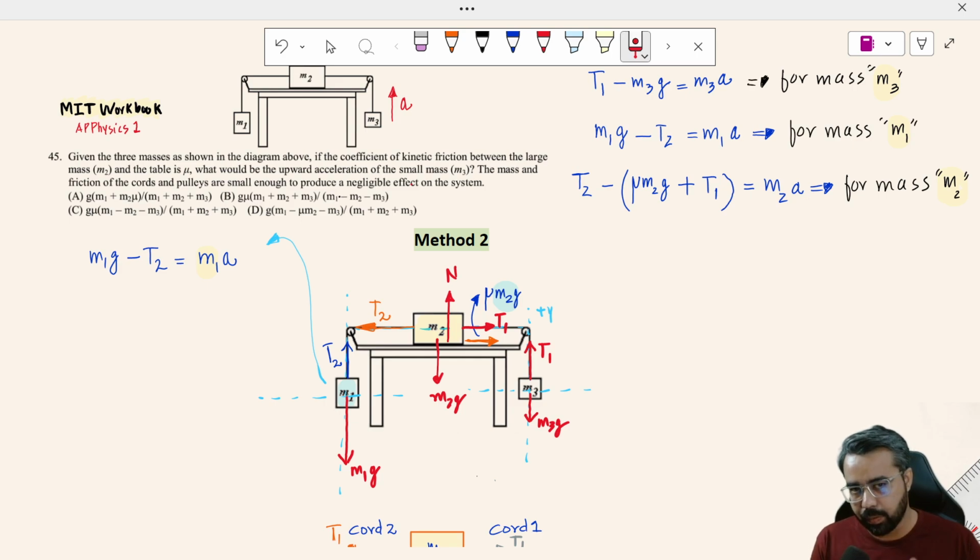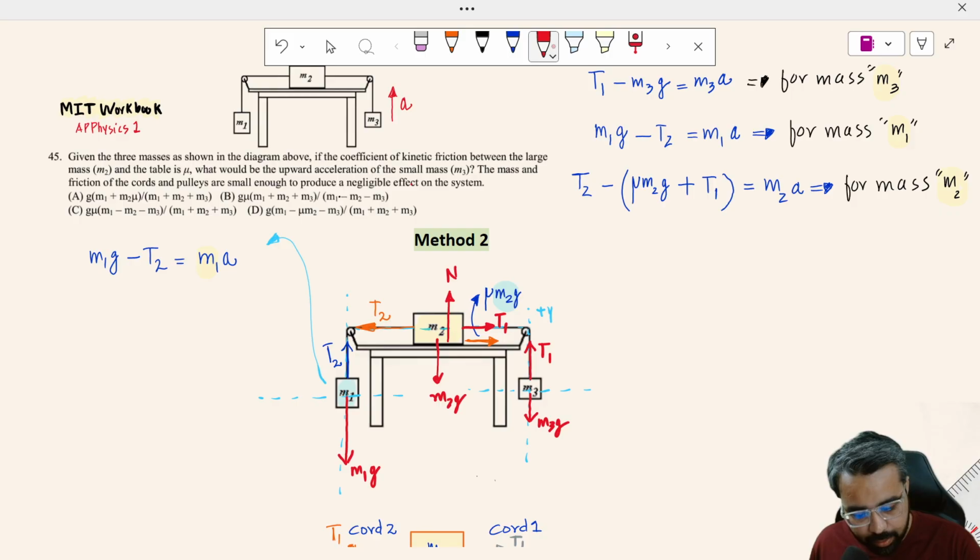And how can you do it? If you just give less than 1 minute, you can easily guess. Why not put the value of the tension T2 here and the value of the tension T1 here? Then we will ultimately get an algebraic equation with just one unknown. So let's try this method.